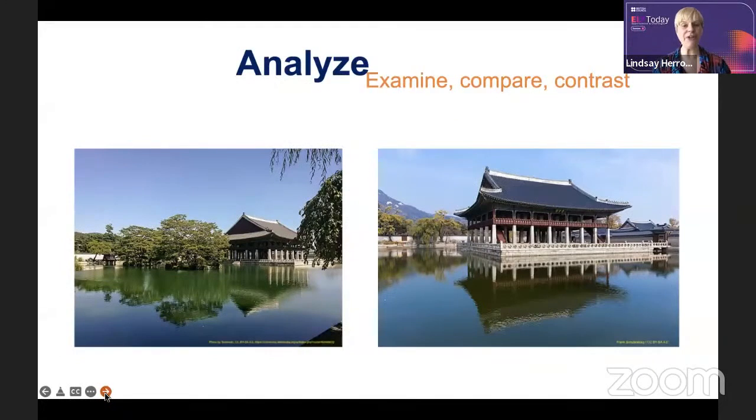So for example, when you're making a multimodal project, especially in this case, a digital multimodal project, you have to examine all of the options. You have to compare and contrast them. What exactly does this picture mean versus this picture?